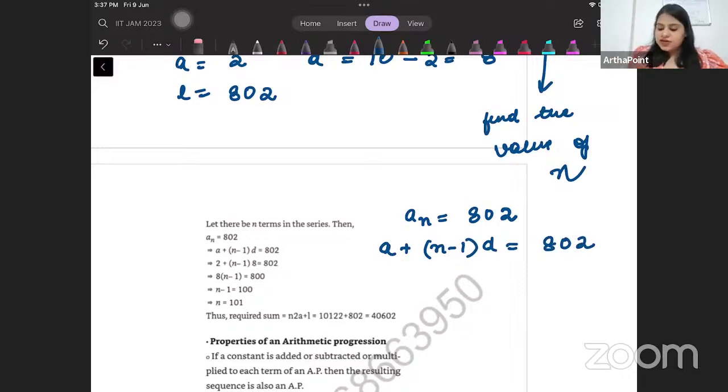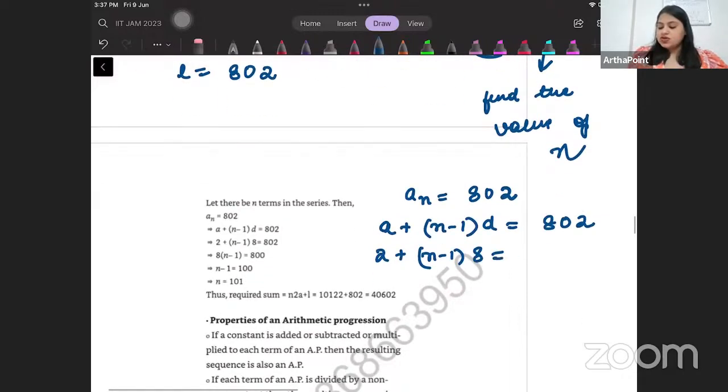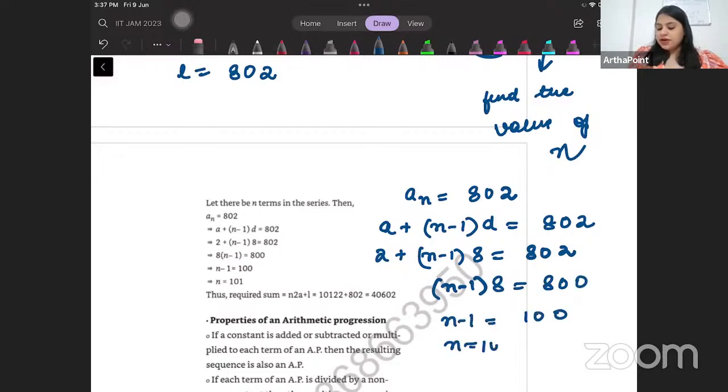I know that the first term is 2 and n is not known to me, but I know that the difference is 8. So n minus 1 into 8 will be 800. N minus 1 will be 100. N will be 101. So I have now got that the value of n should be 101.